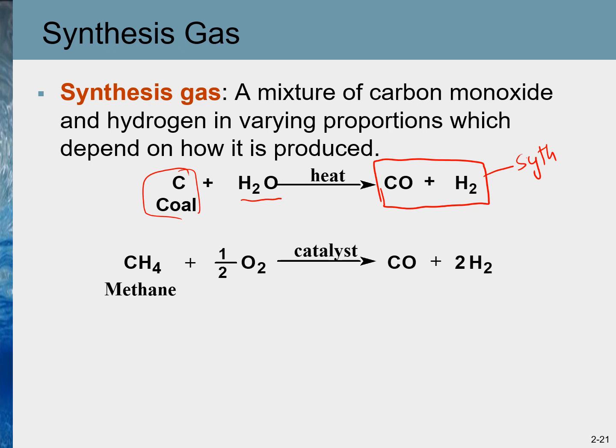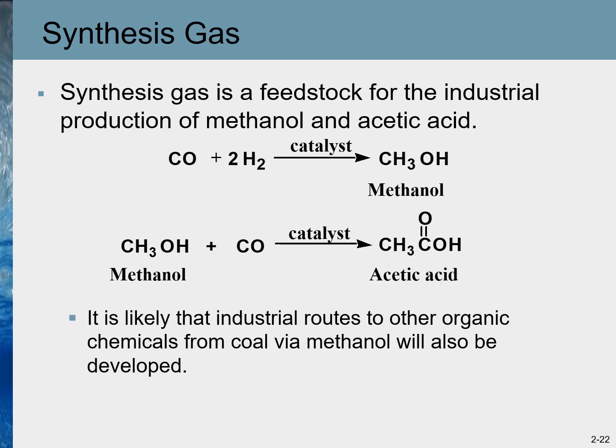Synthesis gas can also be produced catalytically by reacting methane with oxygen in presence of catalyst, and resulting mixture is again a synthesis gas. Now, synthesis gas is one of the important precursor because in presence of a catalyst, it results in formation of methanol.